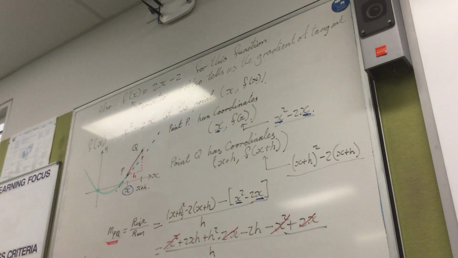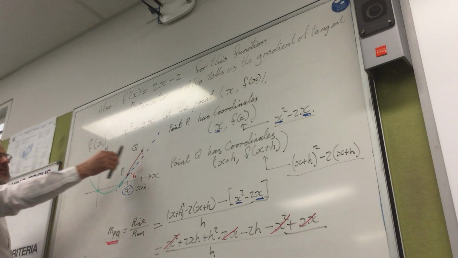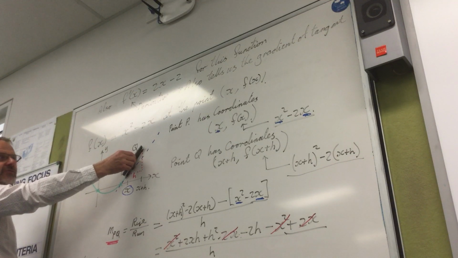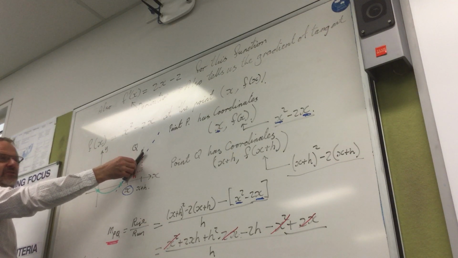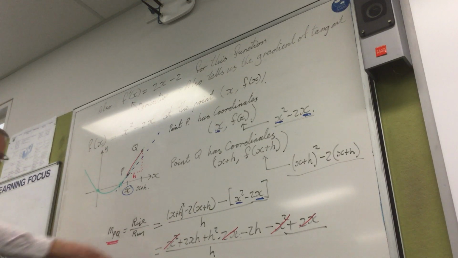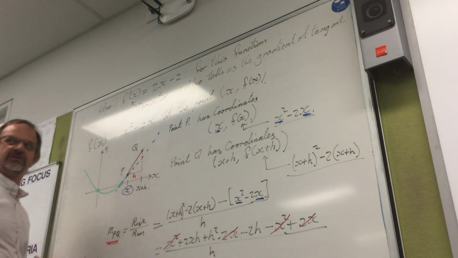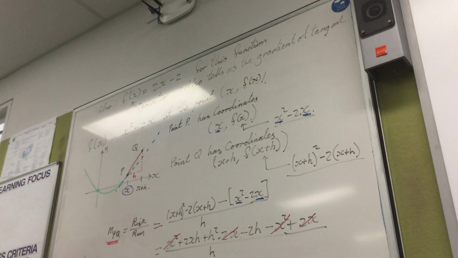Those two things are connected. The derivative tells us the gradient of the tangent, because that's what I did here: gradient, gradient, gradient, getting closer to this gradient. This process here is called differentiation by first principles.